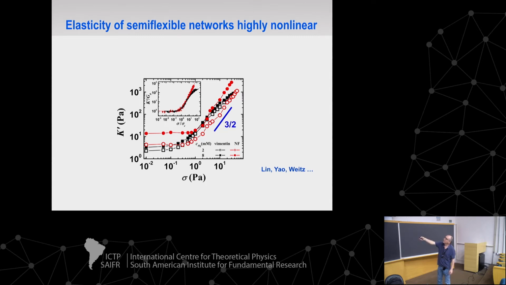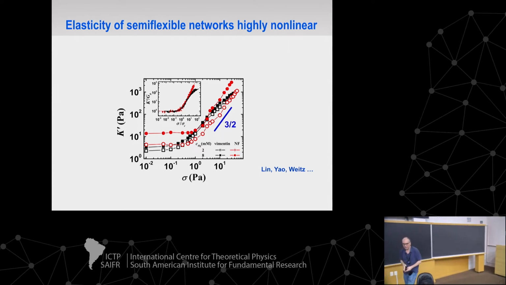These neurofilaments in particular are going from a very soft material, and here the modulus is shown not normalized, so we're talking about nearly a Pascal. That's a super soft material, and then stiffening dramatically by 2 to 3 orders of magnitude.